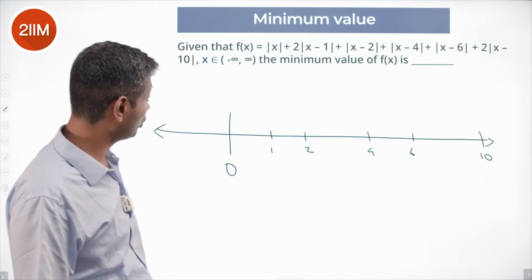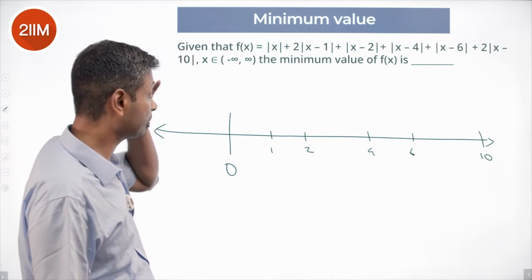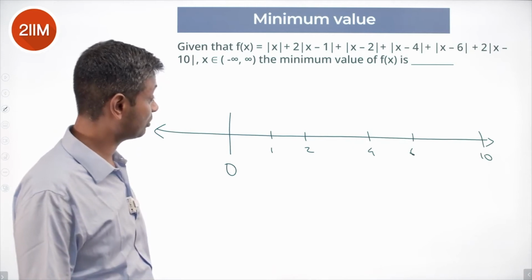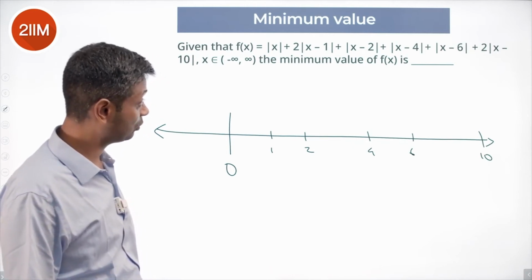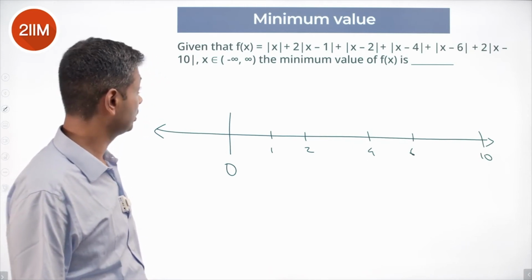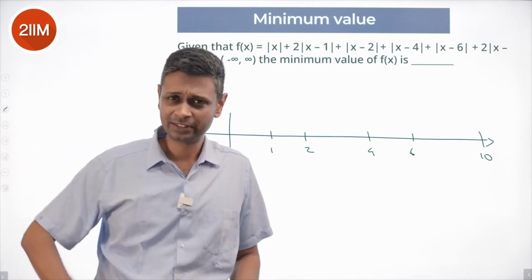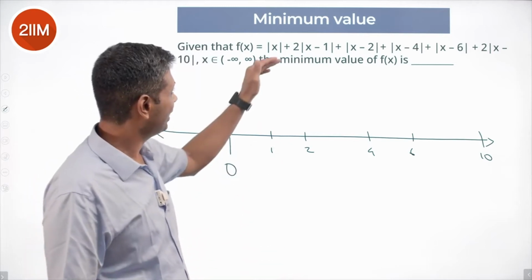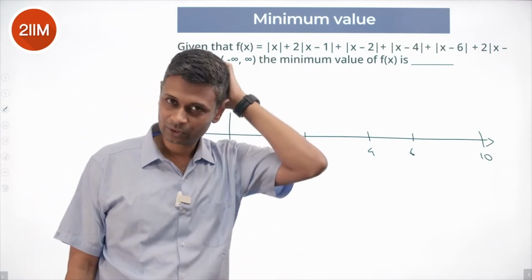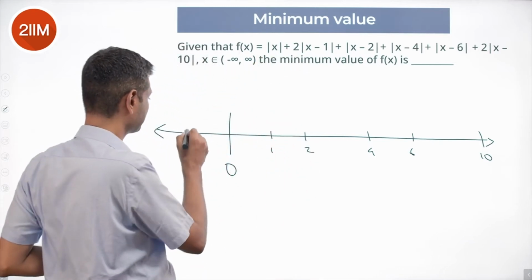F of x is 2 times modulus of x plus modulus of x minus 1 plus 2 plus modulus of x minus 2 plus modulus of x minus 4 plus modulus of x minus 6 plus 2 times modulus of x minus 10. Nice. And so, forget the 2 times part. Suppose x were here.